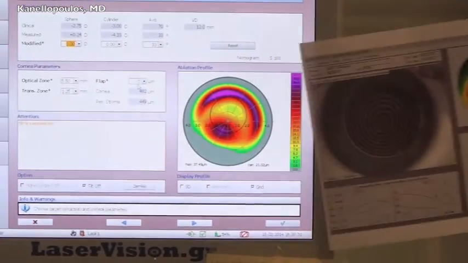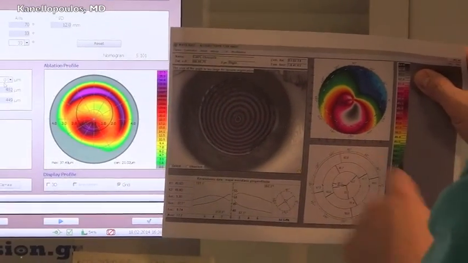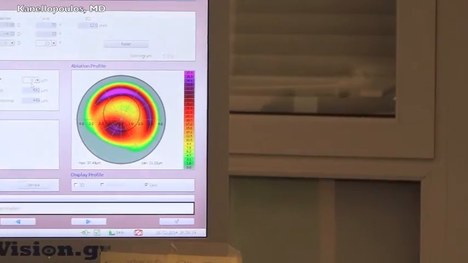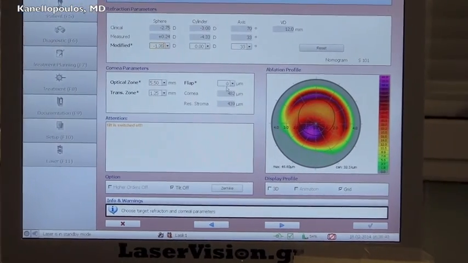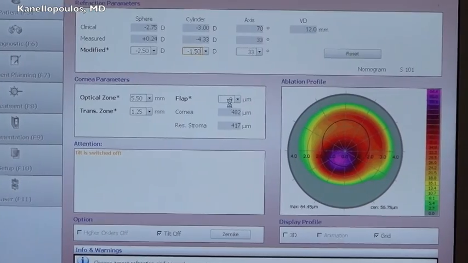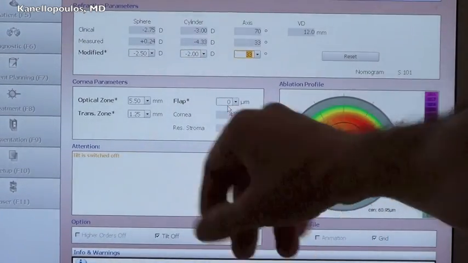And this placido-derived image addresses the cone in a similar way. So we're going to try the same numbers, minus 2.5, minus 2 at 33. And the residual here is exactly the same, 413.